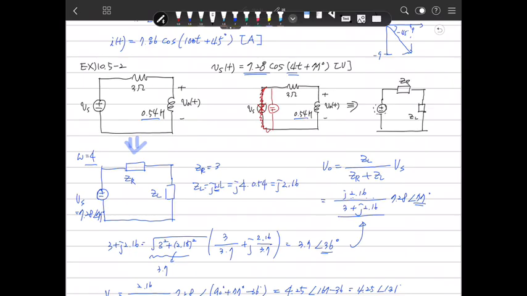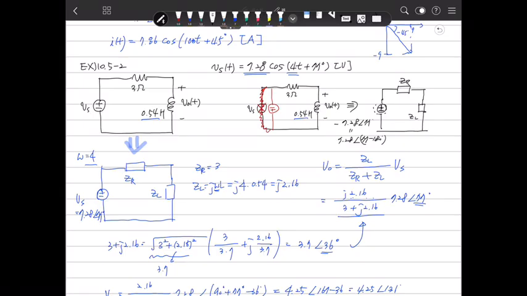Because we transferred the polarity of the source, the source is 7.28 at 77 minus 180, so 7.28 at minus 103 degrees.